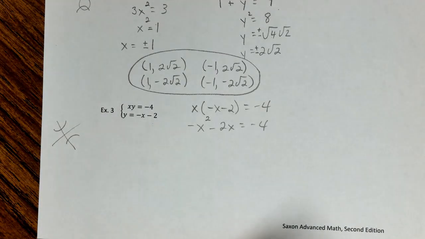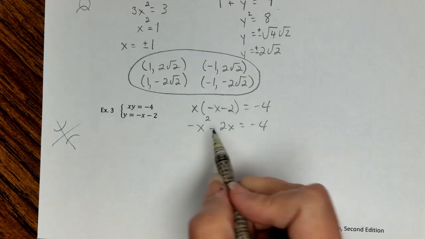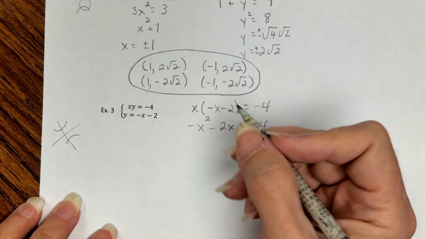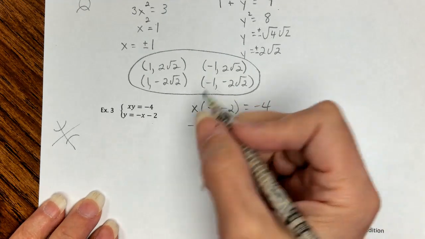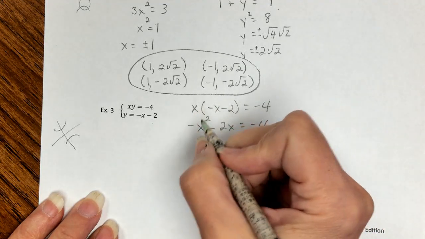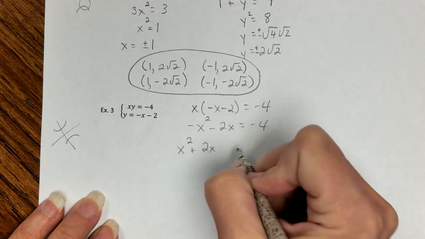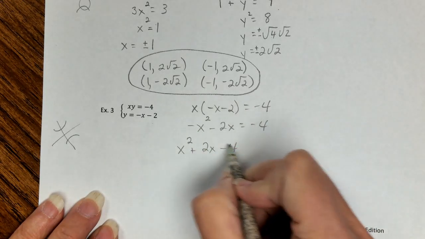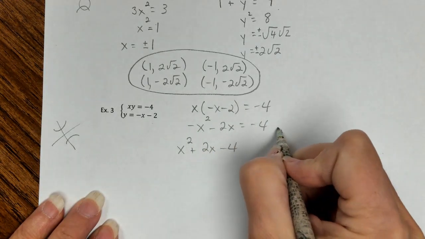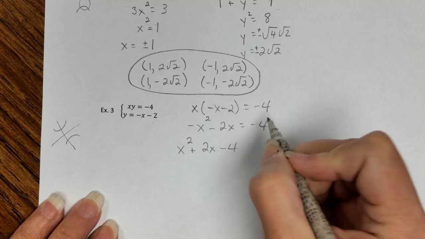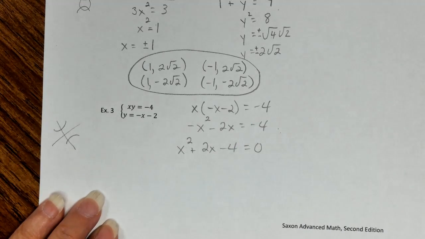I would like as many positives here as I can have in my equation, so I'm going to add these to both sides, and I would have x squared plus 2x minus 4 equals 0.